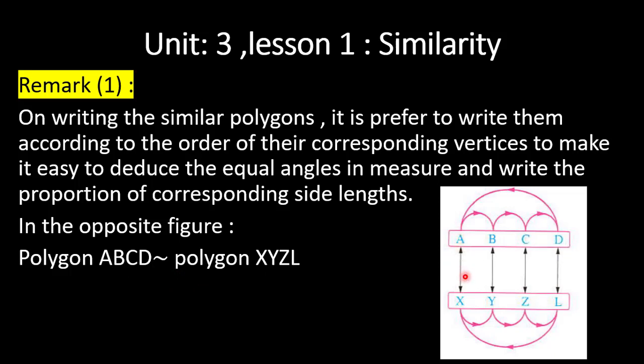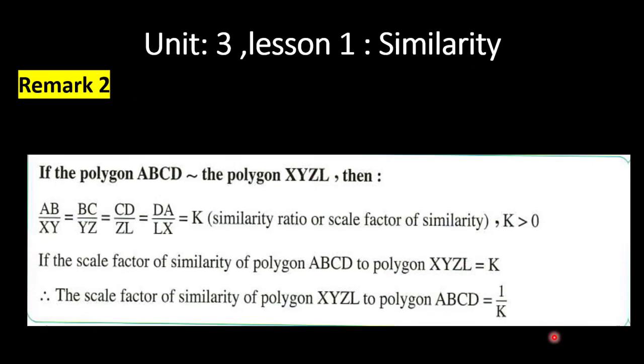It means that angle A equals angle X, angle B equals in measure angle Y, measure of angle C equals measure of angle Z, and measure of angle D equals measure of angle L. And also AB over XY equals BC over YZ equals CD over ZL equals AD over XL.